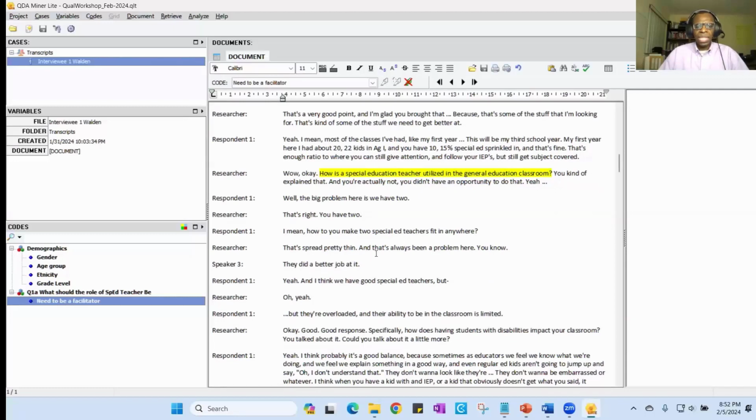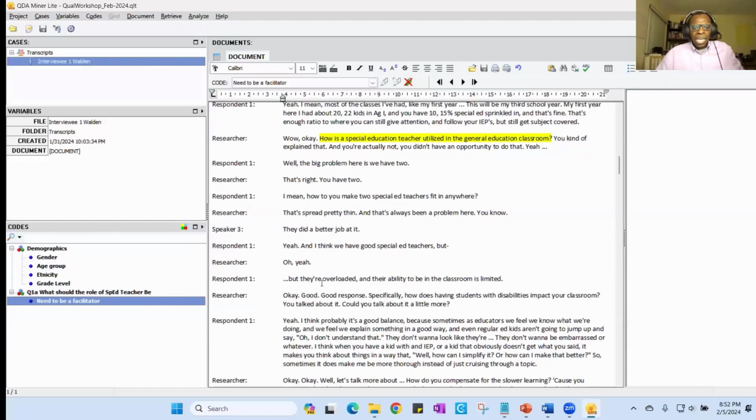That's spread pretty thin, and that's always been a problem here, you know? They did a better job at it. And yeah, I think we have good special ed teachers, but they are overloaded and their ability to be in the classroom is limited.